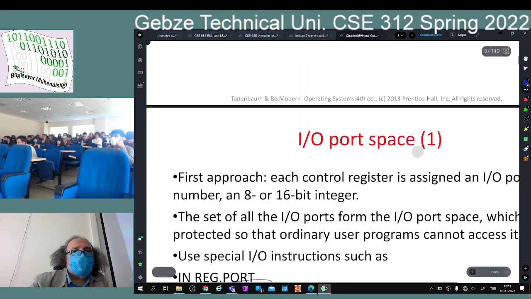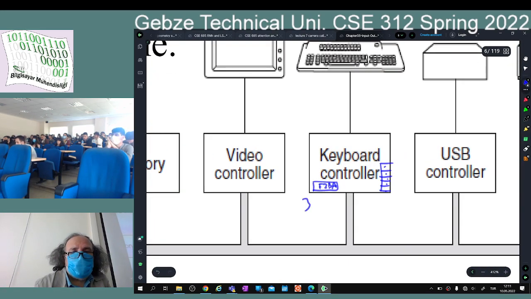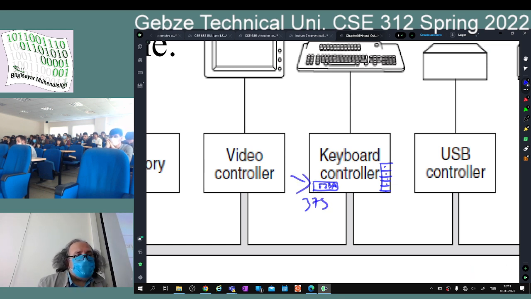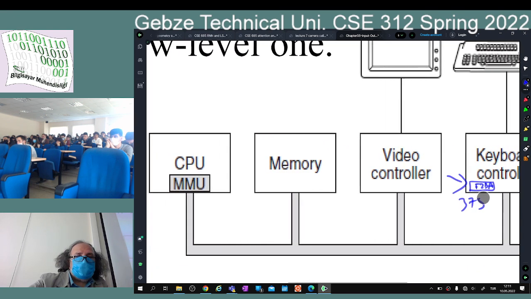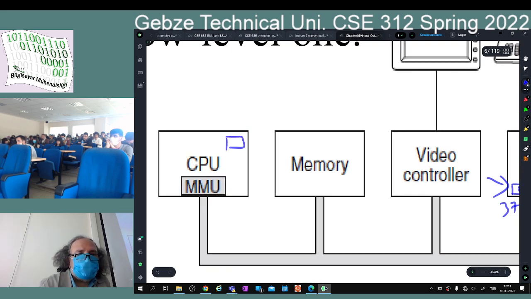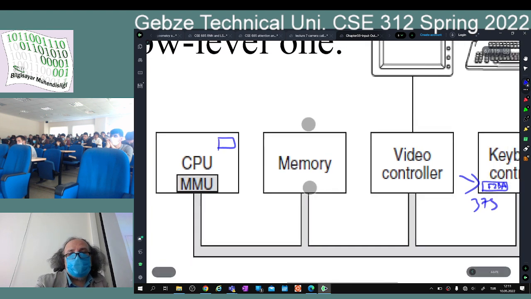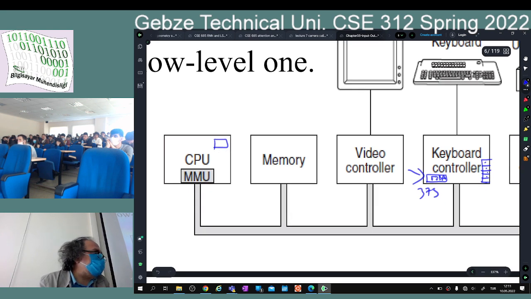So for the system, the port number 375 is this one. When you issue this command, the CPU uses the system bus to go to this I/O port and read that value to the register number 5, for example. So that's how you read your controller registers to your CPU registers. Once you have that number in your register, then you can do anything you want.